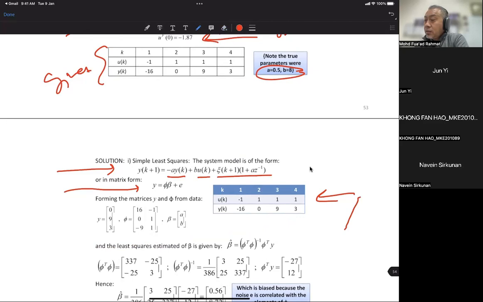Psi consists of minus yk and plus uk. The first column is minus yk. So for minus yk, we have minus 16, 16, minus 0, 0, minus positive 9, minus 9. So 16, 0, minus 9 go to the first column of psi.